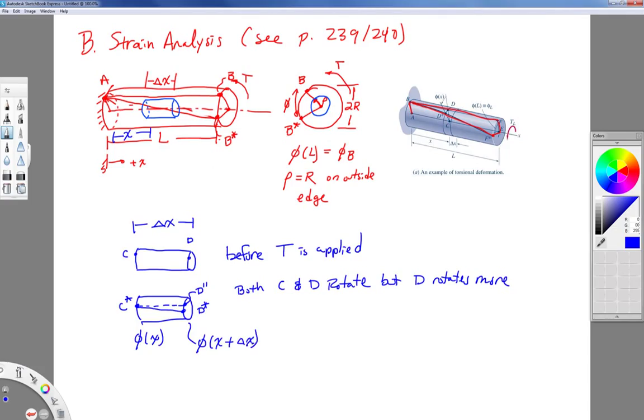That's the angle of twist at position D. The angle that I'm showing on the end, it's kind of hard to draw that in there, but that angle on the end I'm going to call delta phi. That's the relative angle of twist. So that is phi of x plus delta x minus phi of x.